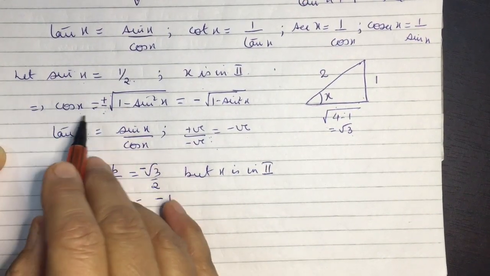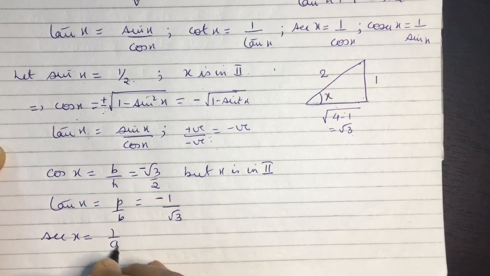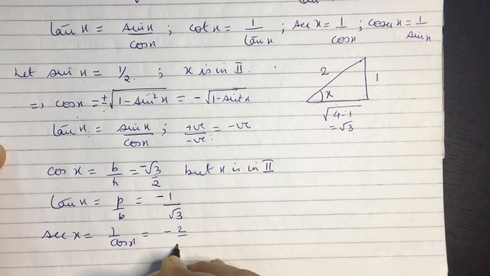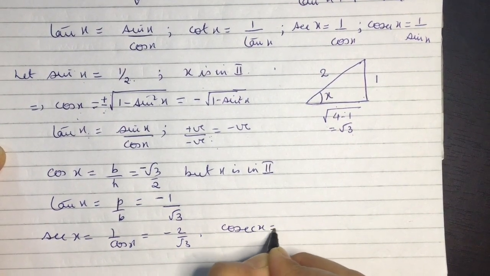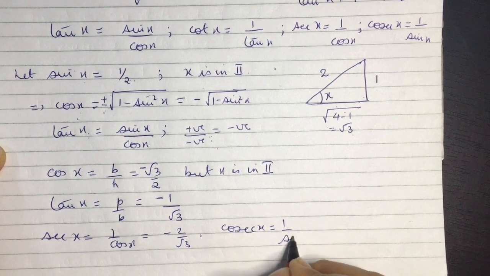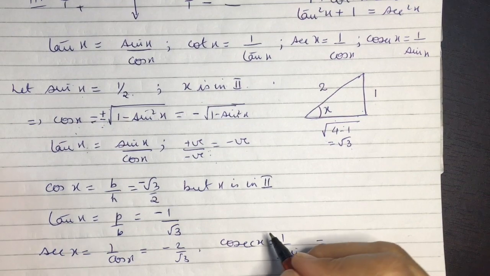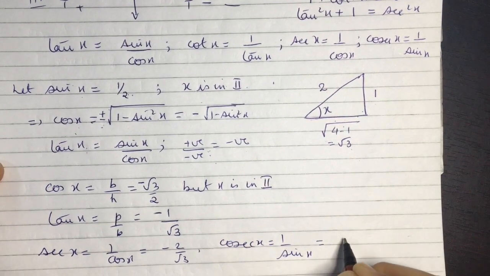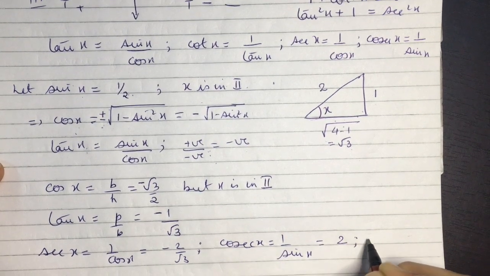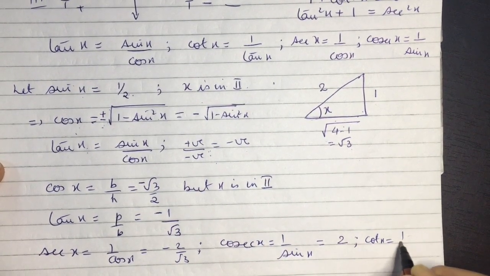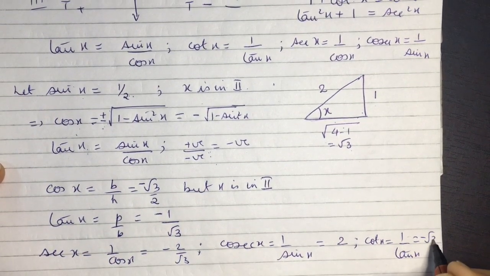Now we have found out cos and tan. So similarly, sec x is 1 upon cos x, which is minus 2 by root 3. Cosec x is 1 over sin x, which is 2, and cot x is 1 over tan x, which will be equal to minus root 3.